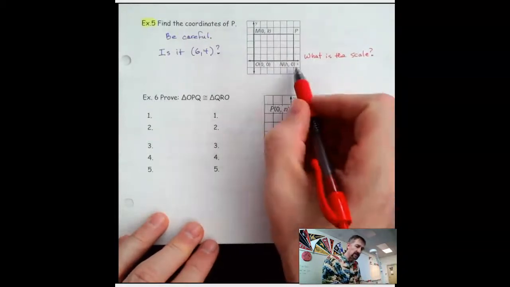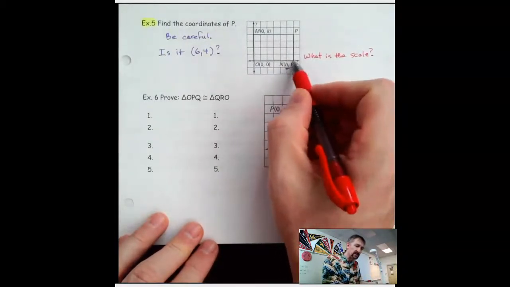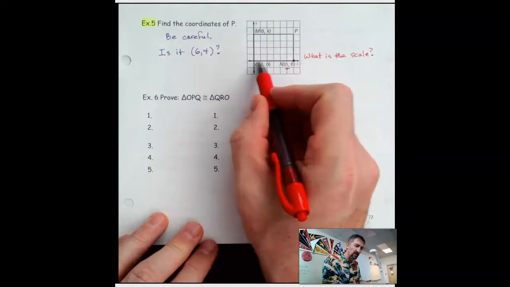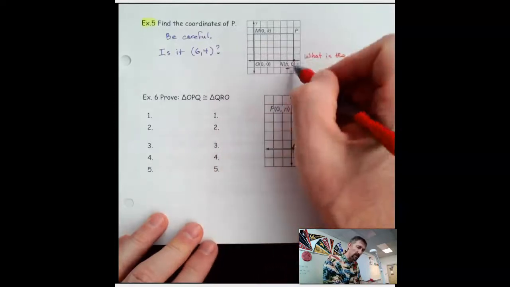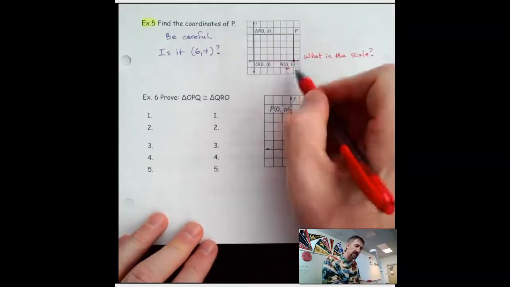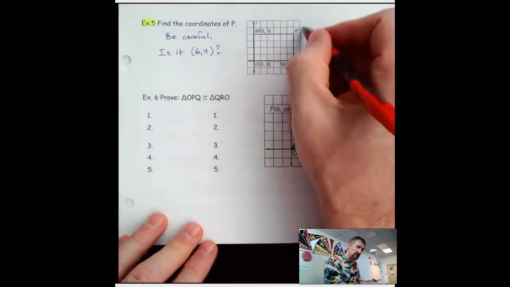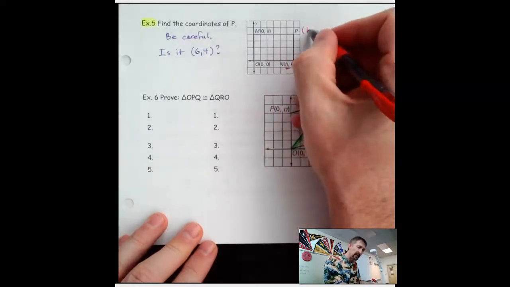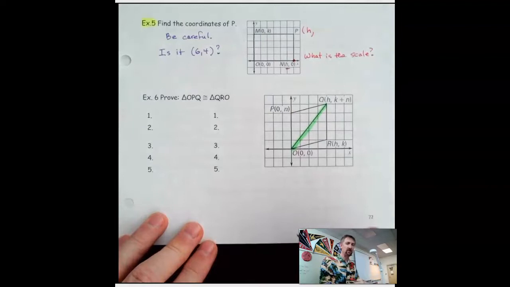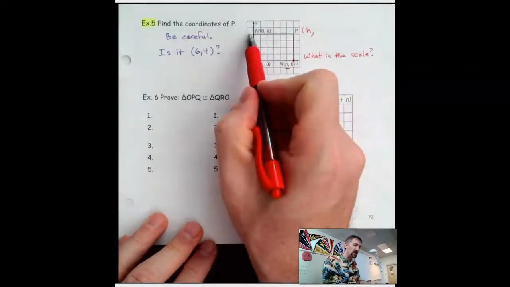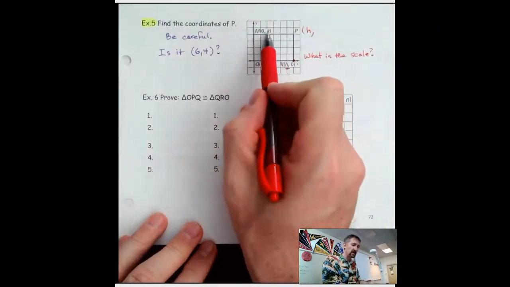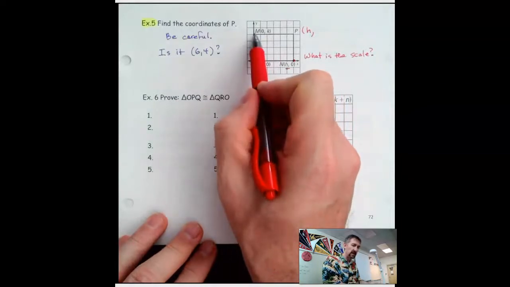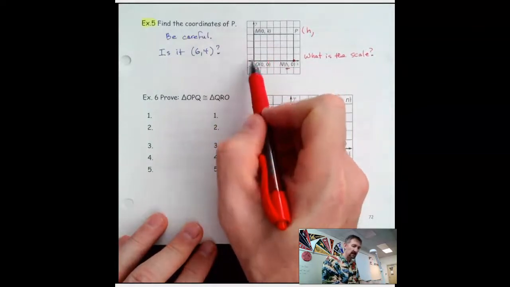So this says H. This is H, 0. That means that to go over here, that's H. Well, everything on this vertical line has the same x-coordinate. So we should know that the x-coordinate of this is going to be H. Now if we come over here, we go across here, this is 0, K. So this is K units up.